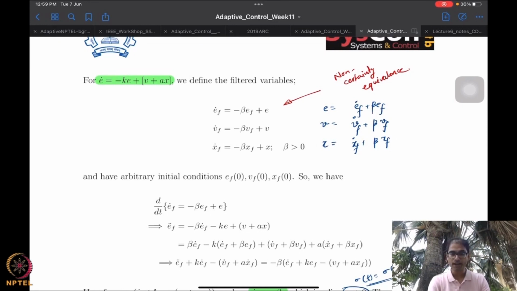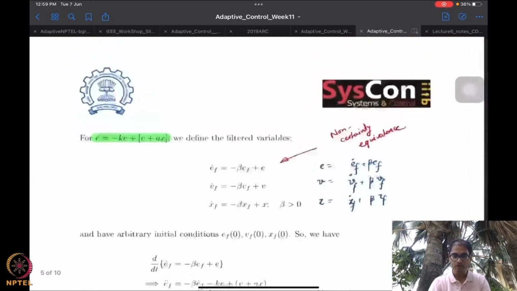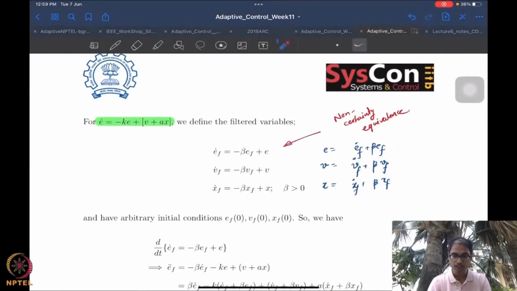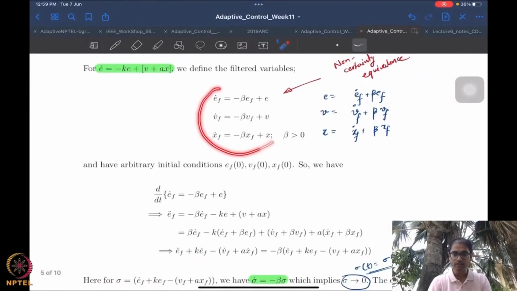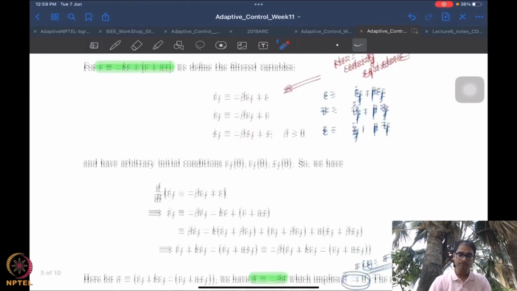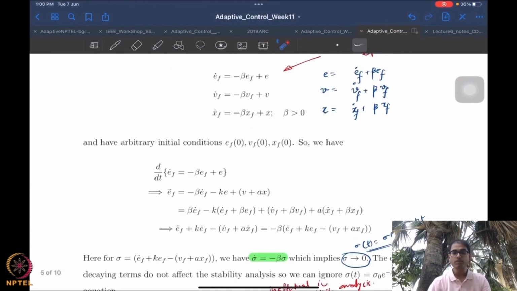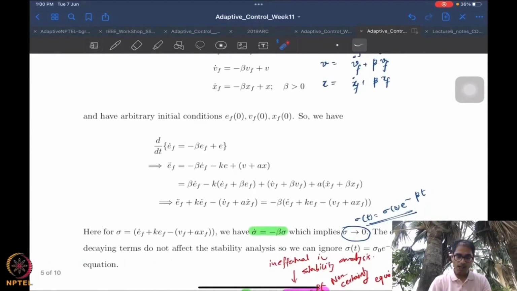So we actually filtered the known closed loop signals first, and the important thing to remember was that these were all identical filters, that is, identical gains, and we then, of course, computed the dynamics in these filtered variables. This was another very critical step, right?